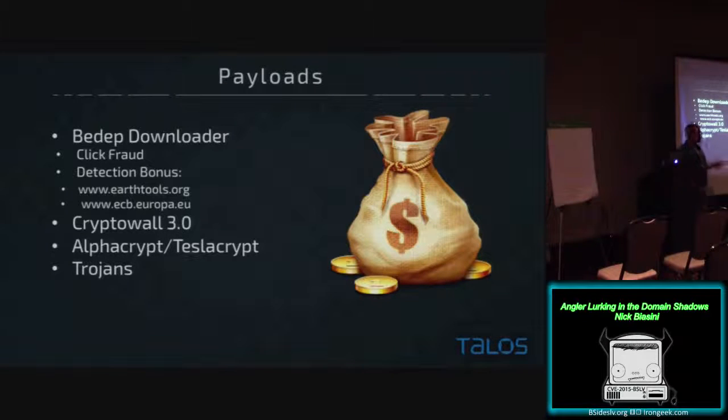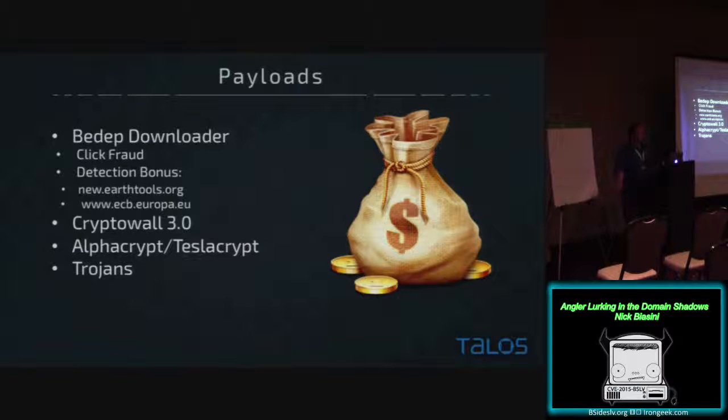Now, after 4 days, the owner shifted and put up new.earthtools.org. Within a matter of hours, BDEP was updated, the DGA was updated, and now it was working again. So now if you see these two domains being resolved in your telemetry, go look at that box, because I virtually guarantee you it is compromised with BDEP.